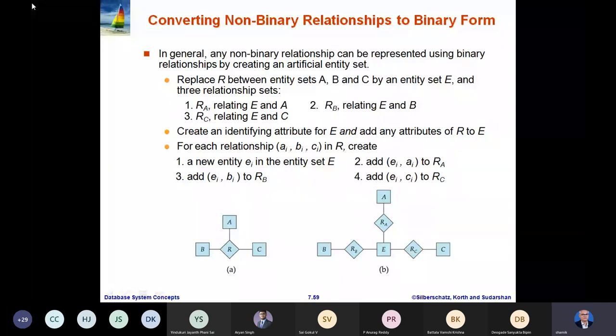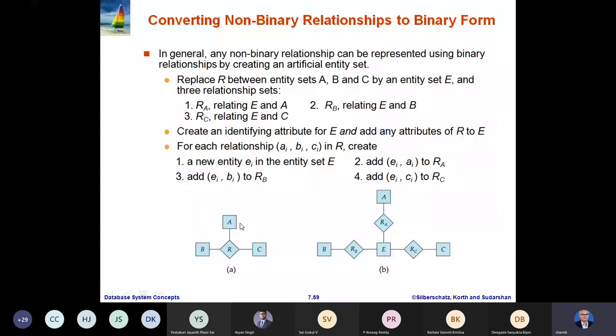Is it clear? So basically, what you do is create an identifying attribute for E and add any attributes of R that you possibly had. Like if you had a date attribute for that project, instructor, student relationship, those will be added as attributes of E here.